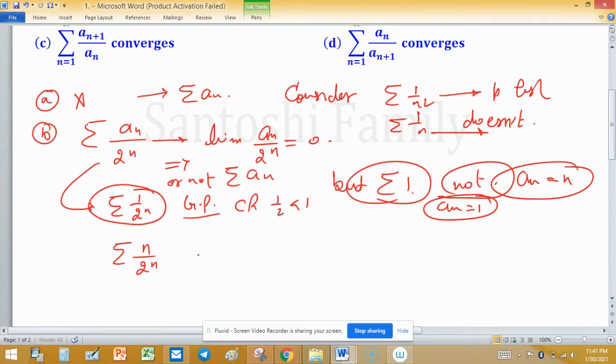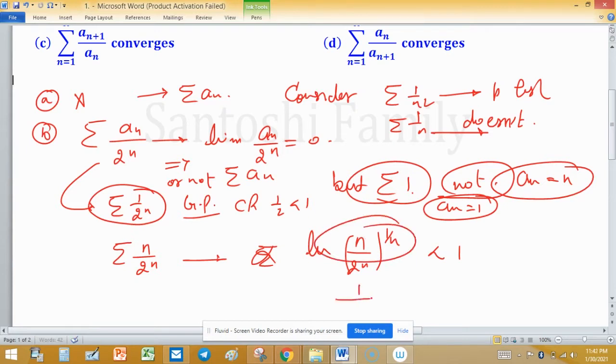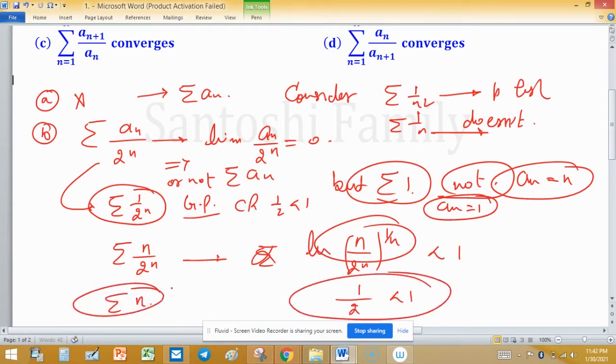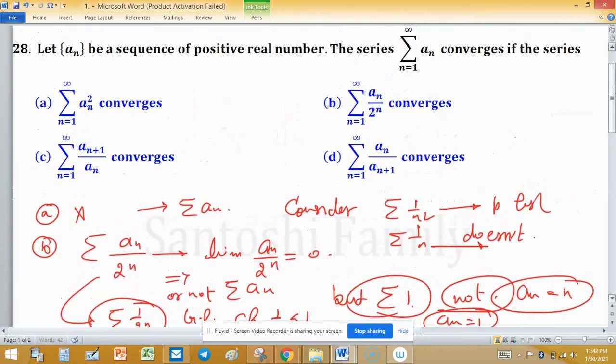If we apply the root test here, then the limit of the nth root of n upon 2 raised to the power n will be less than 1 if convergent, and it is given that this is convergent, so this will be 1 upon 2 raised to the power 2 and it is less than 1, but the series of a_n is not convergent. So option B is discarded here.